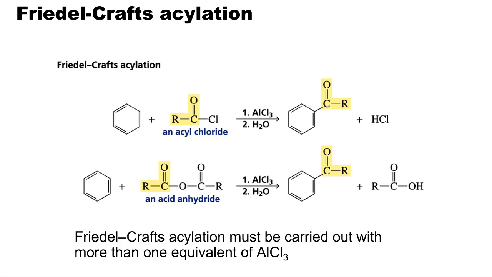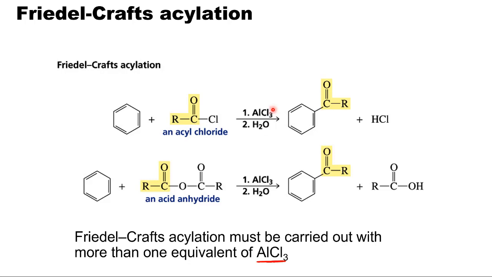Now, the Friedel-Crafts acylation reaction is one of the more important reactions that we study, and it's actually how we put acyl and alkyl groups on most aromatic rings. In the acylation reaction, we use aluminum chloride, and we'll go over the mechanism in the next couple of slides. The general scheme is you take an acyl chloride or an anhydride, and then you use aluminum chloride, and H2O is the following step.